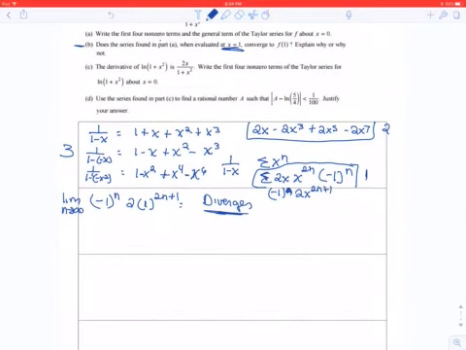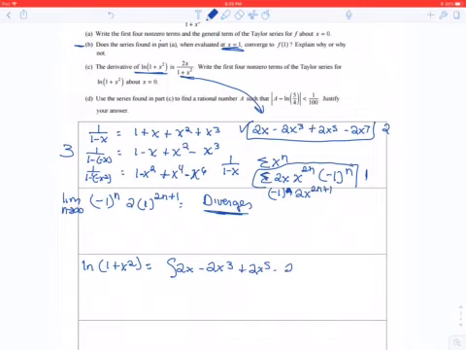All right, C. Again, once we had this, C became easy because it tells us that the derivative of natural log of 1 plus x squared is this, which is this. So therefore, the natural log of 1 plus x squared is going to equal the integral of 2x minus 2x cubed plus 2x to the 5th minus 2x to the 7th, which then becomes x squared minus x to the 4th over 2.